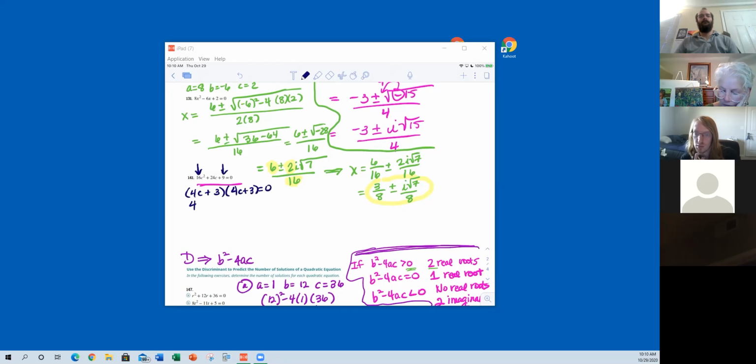And then you would just say 4c plus 3 equals 0, and solve for c, and you would get c is equal to -3/4. So that would actually be a lot easier if you just recognize that it's a perfect square trinomial. It's really annoying they made the variable c in this one. It's like not that c, the other c.